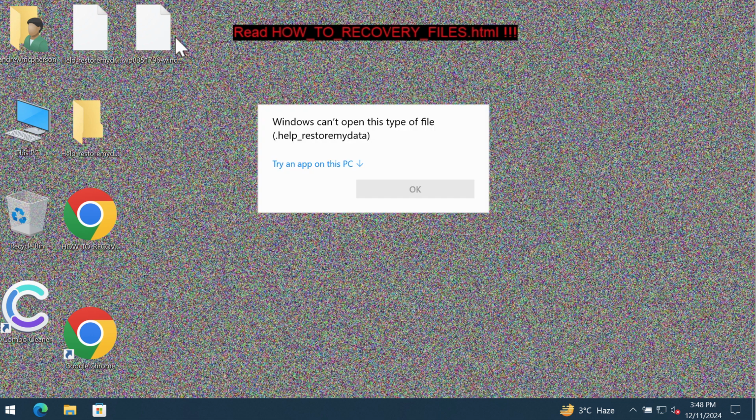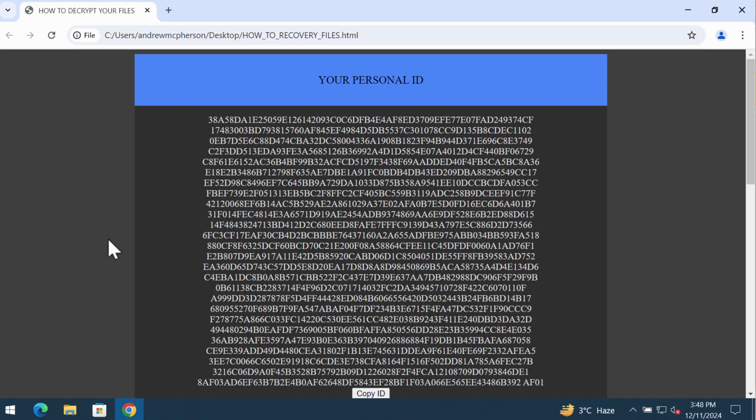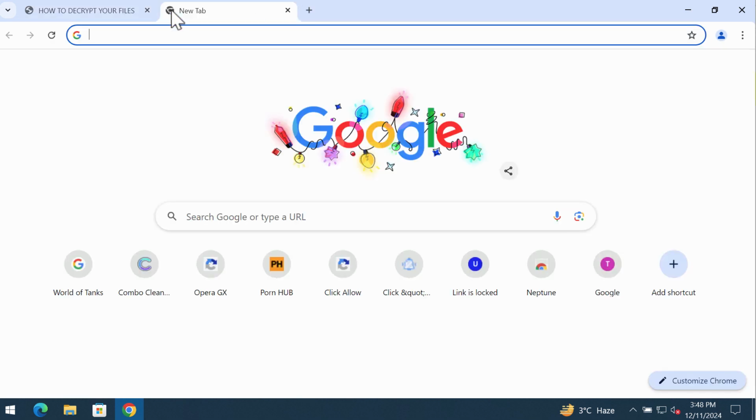It is called that because it actually encrypts the files and appends this Help Restore My Data extension to the file names. The ransomware then tells the victims that they need to pay a special ransom, supposedly for file restoration. But paying the ransom is not a good idea. Don't waste your money and don't pay the ransom.